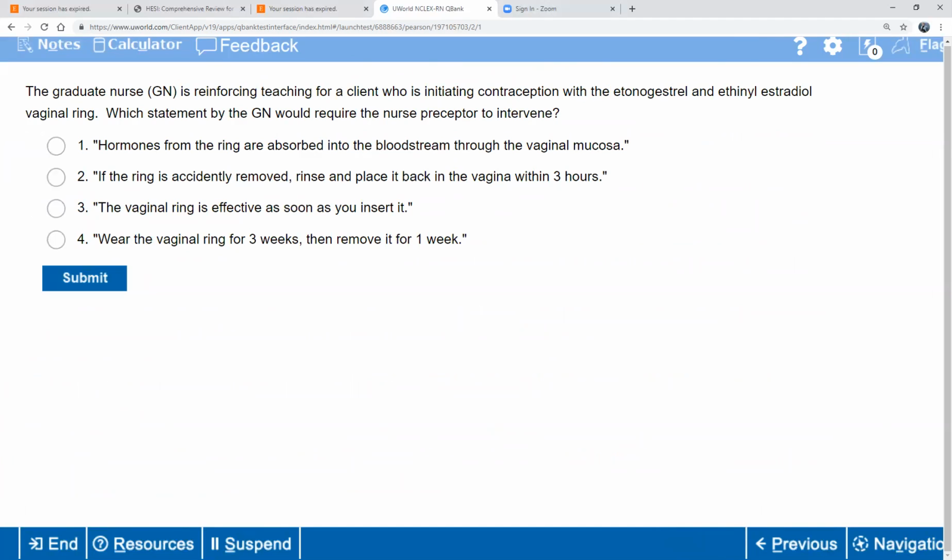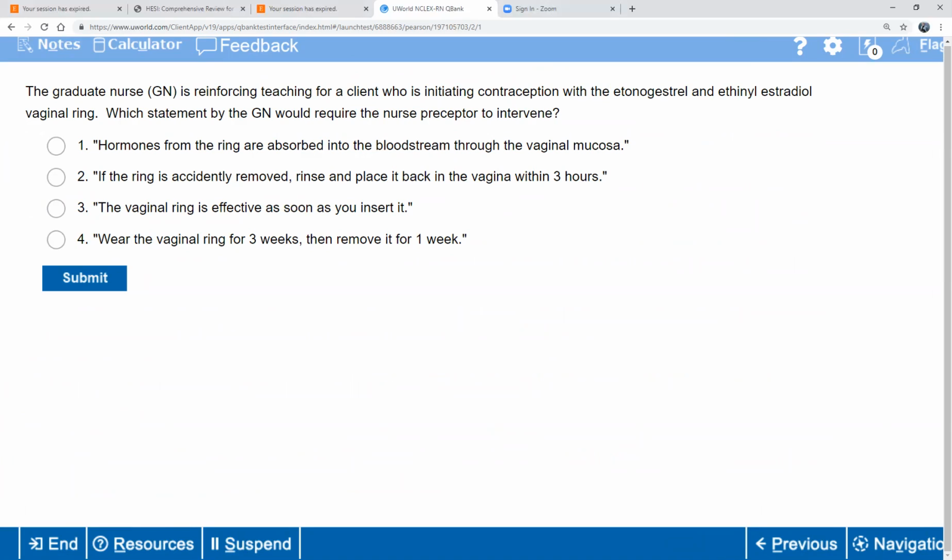The graduate nurse is reinforcing teaching for a client who is initiating contraception with the etonogestrel and ethinyl estradiol vaginal ring. Which statement by the graduate nurse requires the nurse preceptor to intervene?